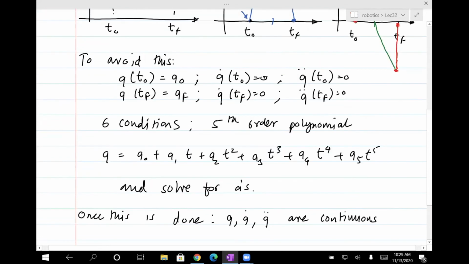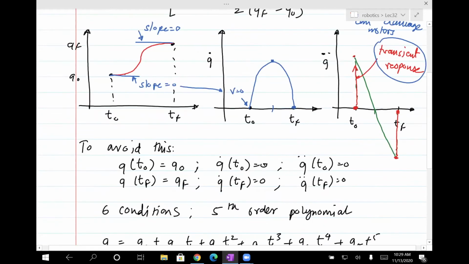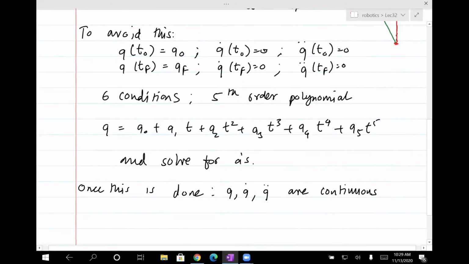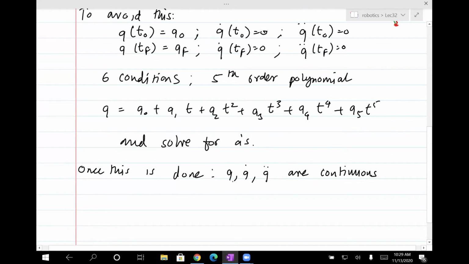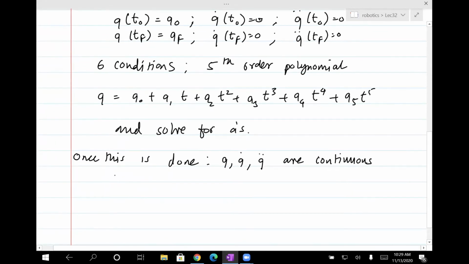You can see that this curve is continuous, this curve is continuous, and this curve was discontinuous at t equals t0. So we basically get continuity for the position, velocity, and acceleration. However, q triple dot is going to be discontinuous.